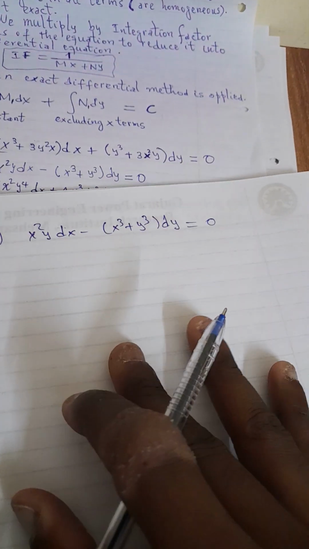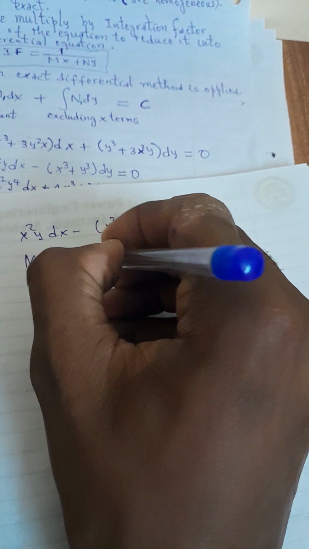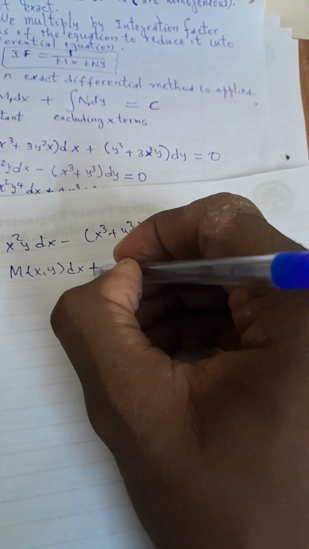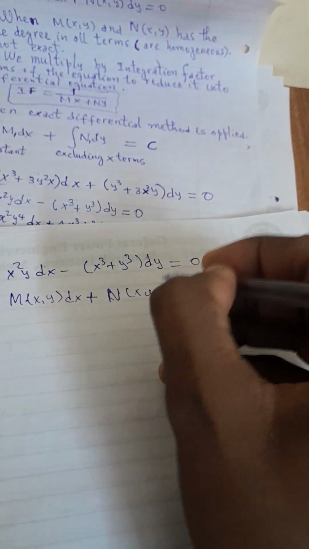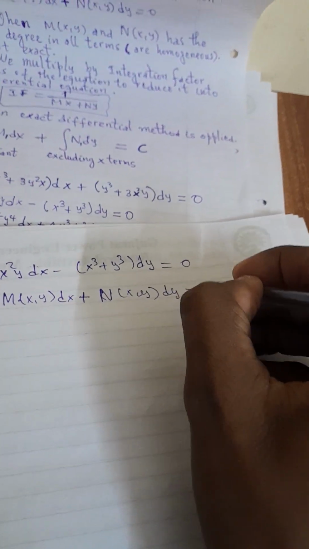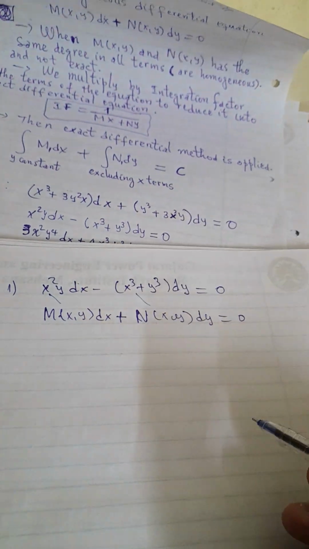We have to do the same thing. First just compare with M of xy dx plus N of xy dy equal to 0. This will be your M and this will be your N.